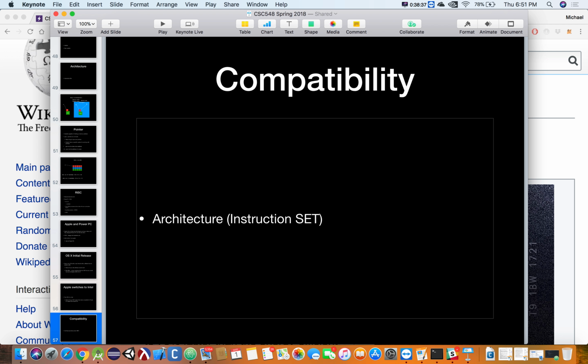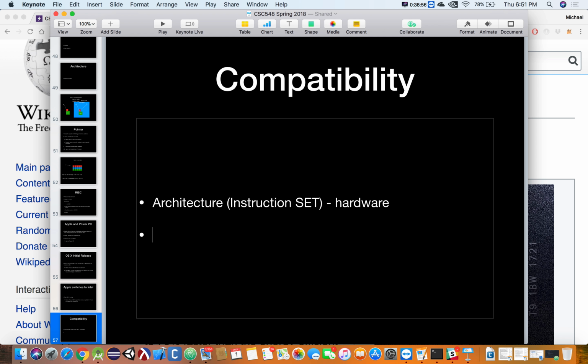Underlying architecture could also mean how many registers we have, an amount of onboard cache, that kind of stuff that might make different performance levels within the same instruction set, kind of i5 versus i7 processors. So architecture is the hardware itself. This is hardware. And then we have the operating system, maybe called the kernel. This is the software.